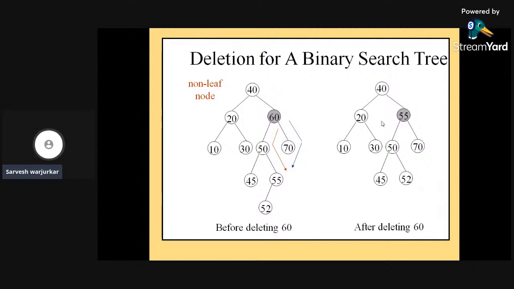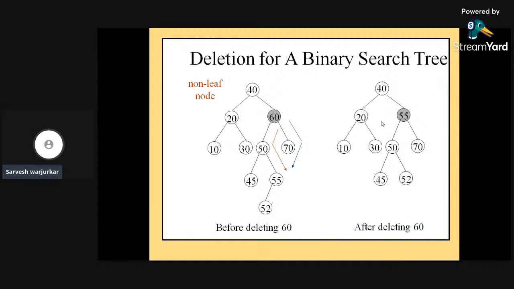Same, deletion in a binary search tree is again possible. You can delete any element from the tree by shifting the nodes to their appropriate positions. For example, if I want to delete the node 60 from the given tree diagram, it is possible, but we have to put a proper replacement for the value 60.